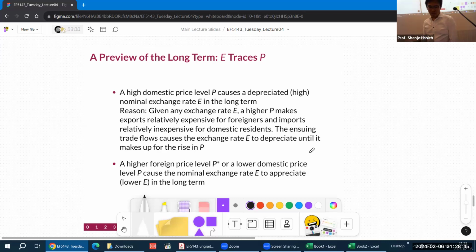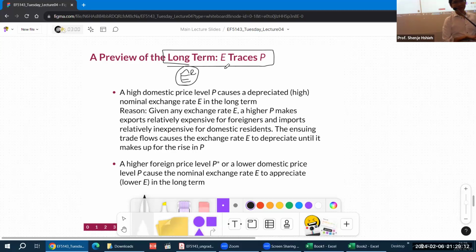Okay, so in the long term, in which we have permanent changes to E or E hat, there must be a change in expectations. The key takeaway that you should have in mind is that E is just a price for another asset.